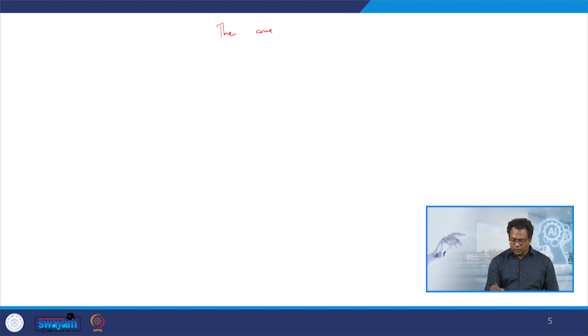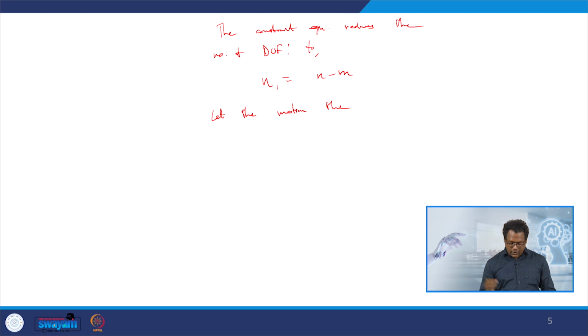Now, let us see the constraint equation. The constraint equation reduces the number of degrees of freedom to n1, that is given by n minus m. So, let the motion in the plane of the surface be described by the reduced position variable.